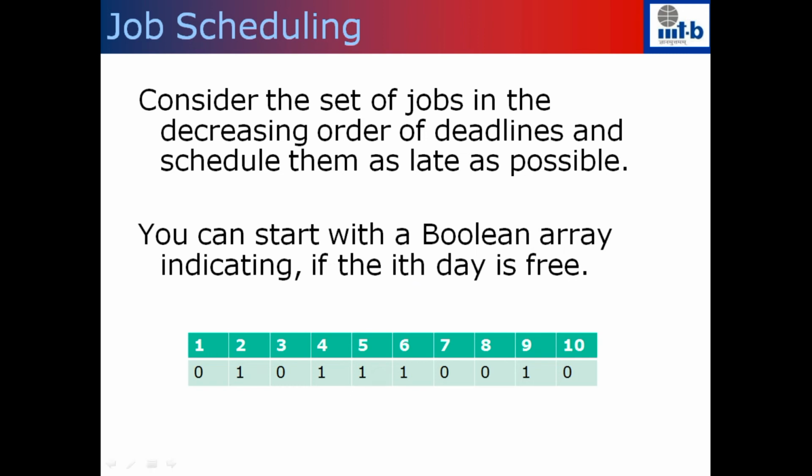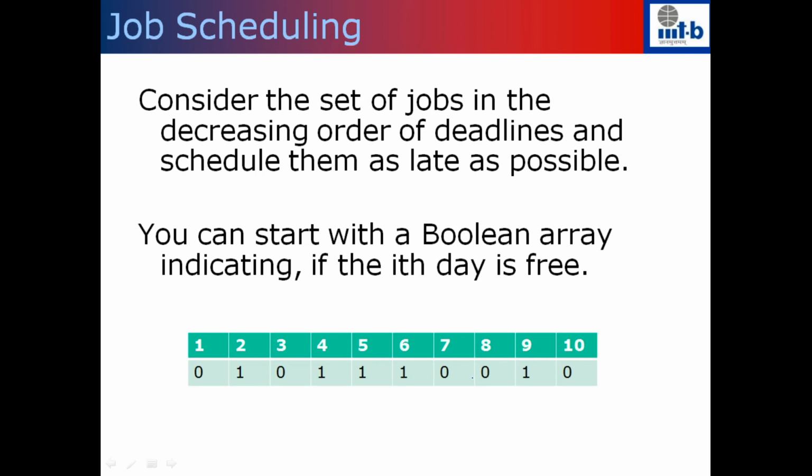Initially everything is 0. 0 means that none of the days are occupied, and when I start allocating a job on a particular slot, I'll convert this into 1. So here you notice that the 2nd, 4th, 5th, 6th and 9th slots are already taken, and the remaining slots are free, right? The free slots are marked by 0, and the occupied slots are maintained by 1.